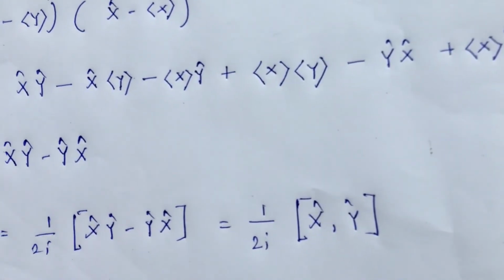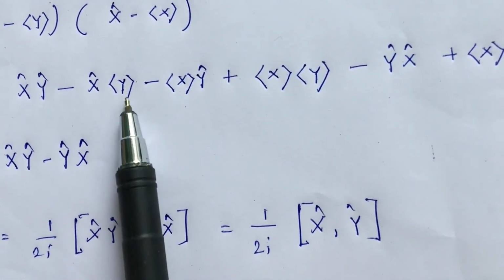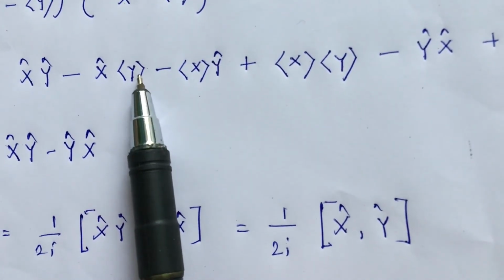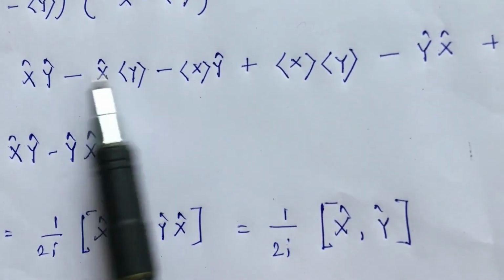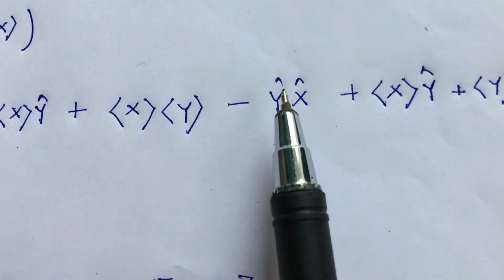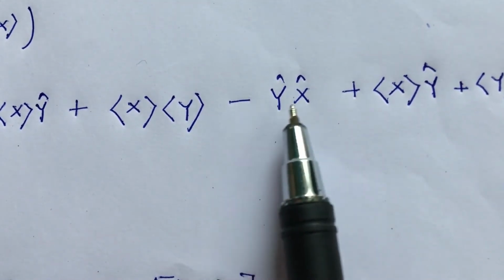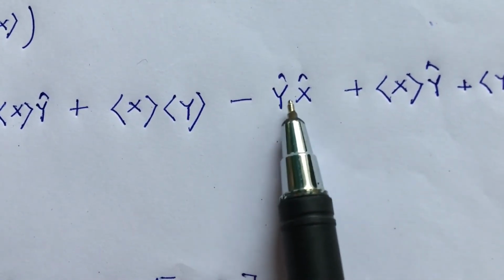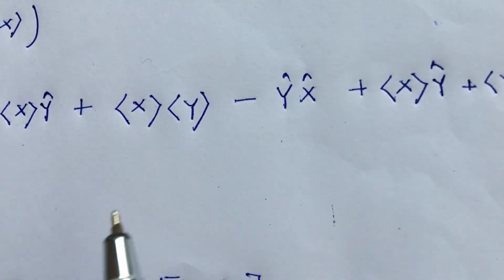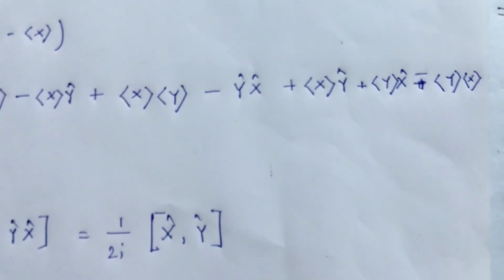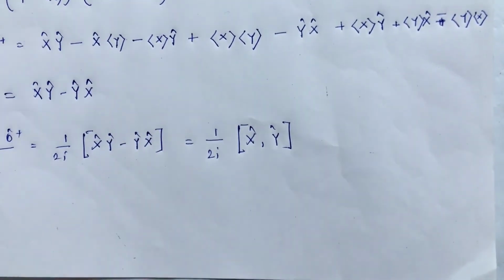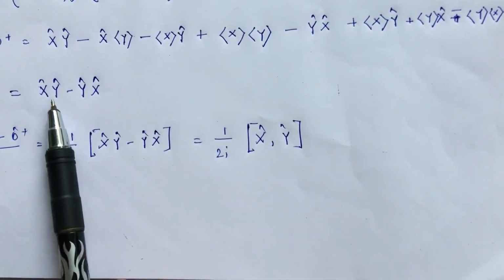One thing I would like to say is that if this is expectation value into this operator, the expectation value is just a number, so this ordering is not at all important, but this ordering is important. This is yx, so I can't write it as x cap y cap, because these are operators which do not commute. So these are 8 terms here, and out of these 8 terms, all the terms cancel out except this.